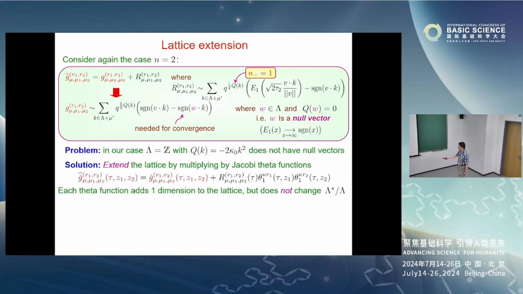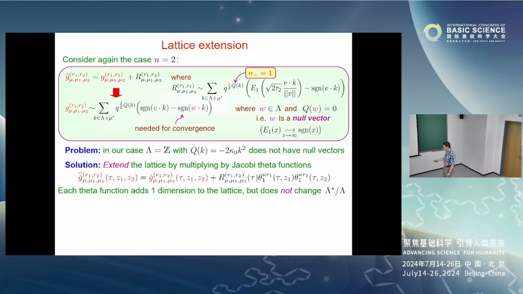Due to this multiplication, we get an effective lattice which is extended. Each factor of theta 1 extends the lattice by one dimension. So we get a huge lattice, but with indefinite quadratic form, and it already has null vectors. What is important is that this multiplication doesn't change the residue classes. For the new lattice, the residue classes are still the same as before.